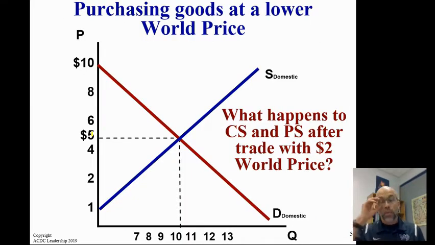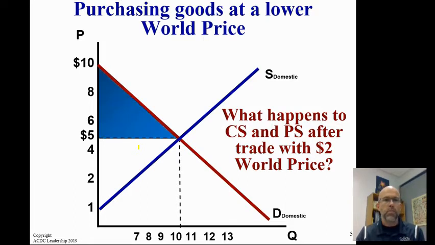Now, when you purchase goods at a lower price, let's look at a graph here. We can see what happens to our consumer surplus and producer surplus before and after the change to a world price of $2. Before the world price, we see consumer surplus here in blue, and in green the producer surplus, and that's because of the equilibrium price at $5 and a quantity of 10.